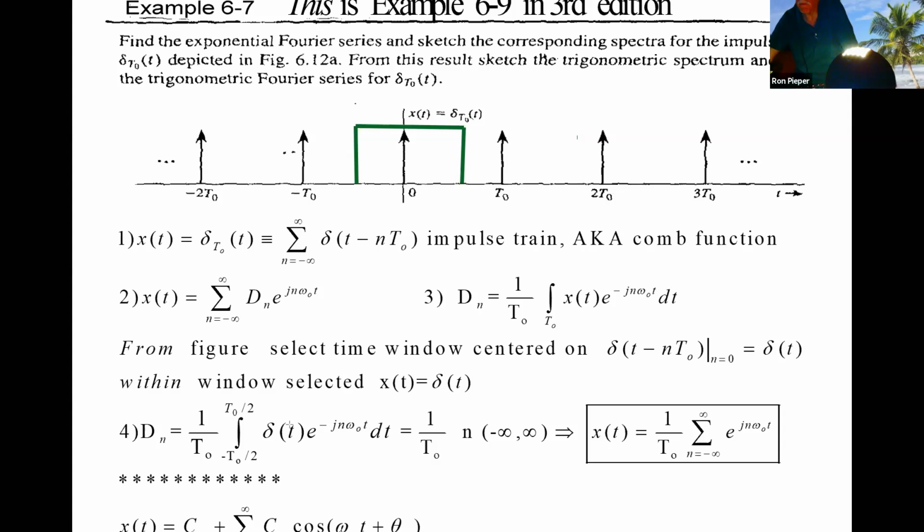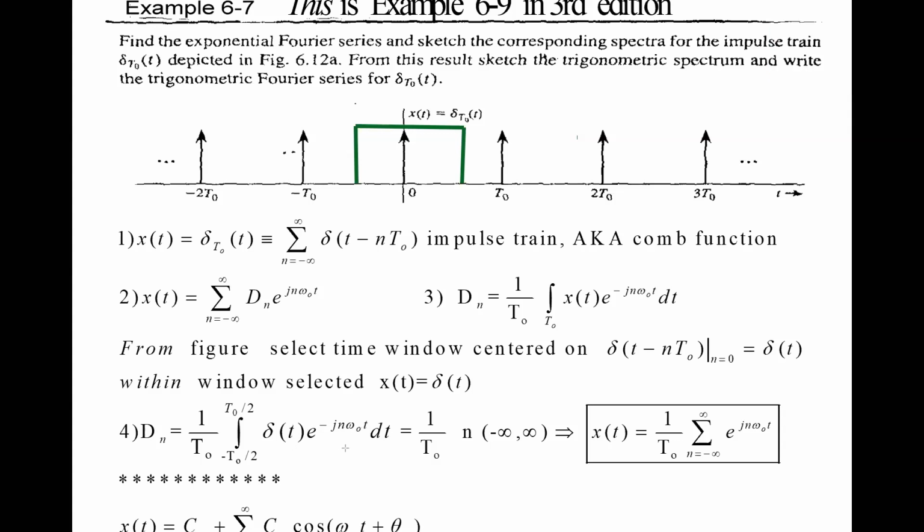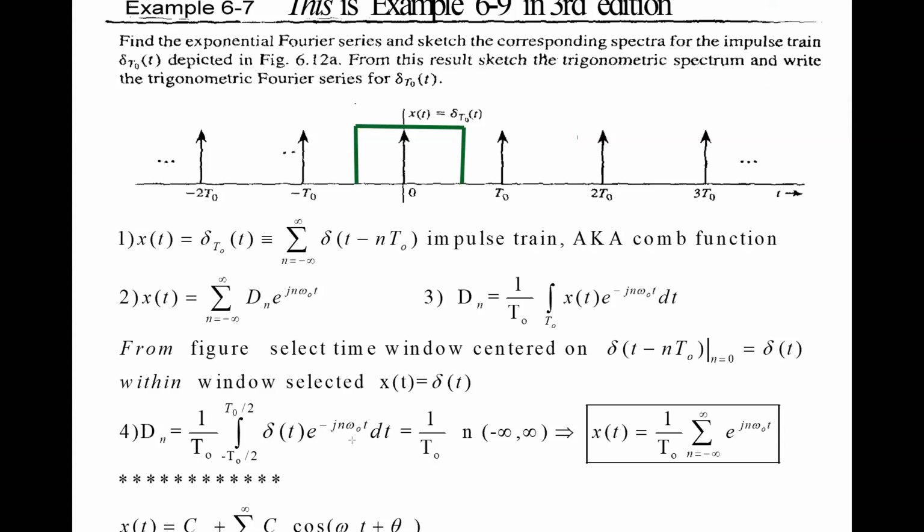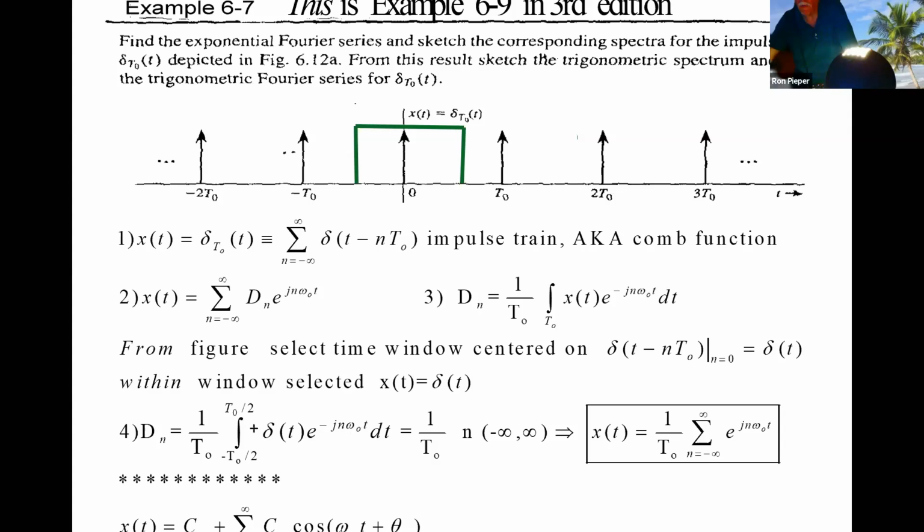Anybody out there? Think, where is the singularity for the delta function? t equals 0. Right, 0. So you evaluate that at t equals 0. Then what does the exponential become?